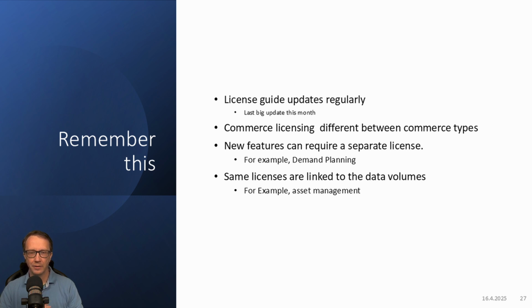And for some licenses, the price depends on the data volumes. Like asset management, I'm not meaning fixed asset management, but maintenance asset management. There are some number of assets included, but if you do run a large maintenance operation, then most likely you need to purchase additional licensing in the asset management as well.